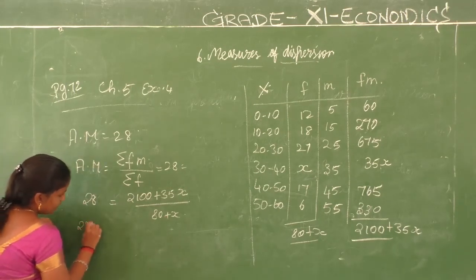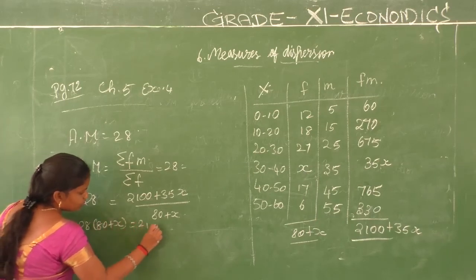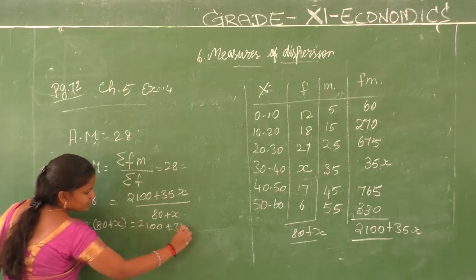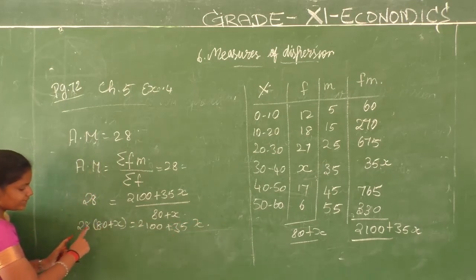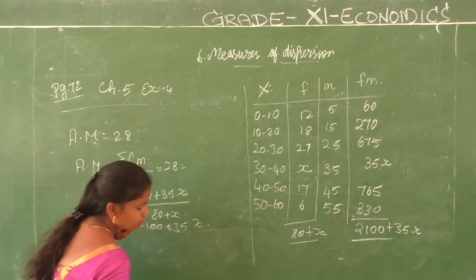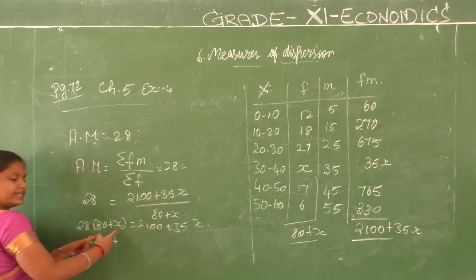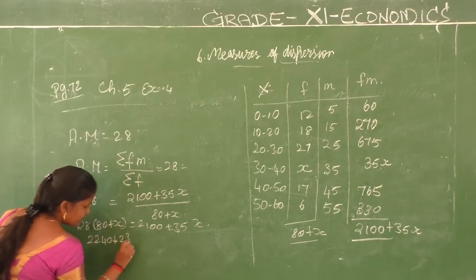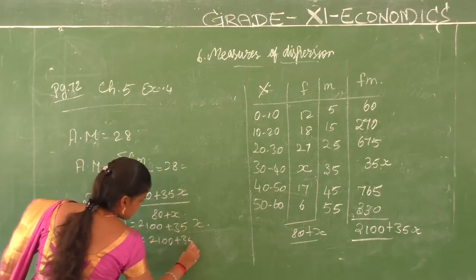So 28 into 80 plus x is equal to 2100 plus 35x. When you multiply 28 into 80, you get a value of 2240 plus 28 into x. 28x is equal to 2100 plus 35x.